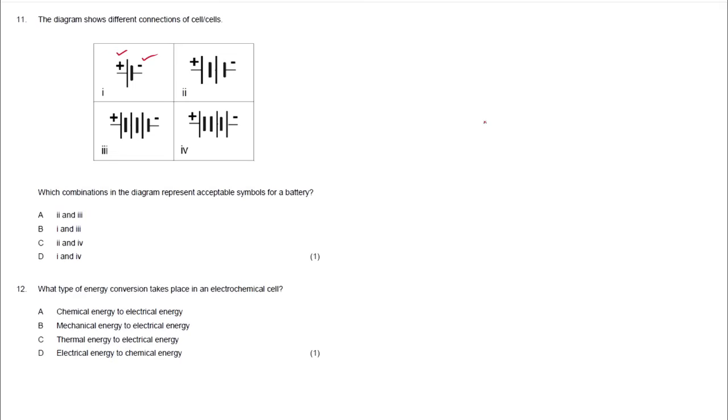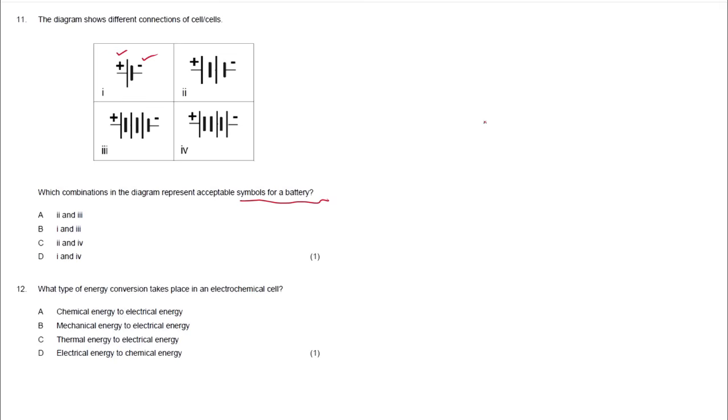We are asked which combinations in the diagram represent acceptable symbols for a battery. We can see that both symbols include a positive and a negative sign.